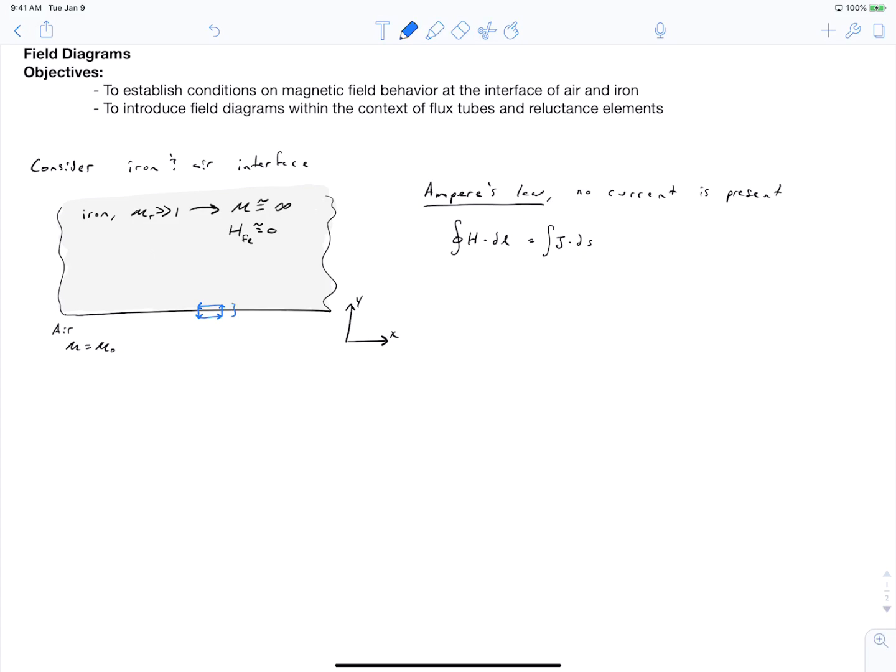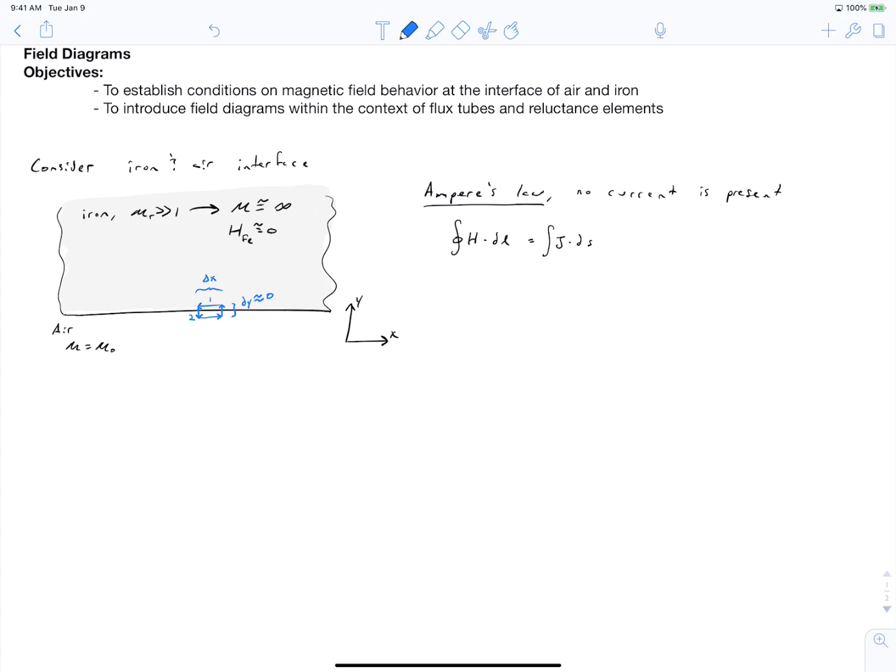The height of the Amperian loop in this direction is dy, differential y. We're going to pick dy to be infinitesimally small so that we're evaluating H directly on either side of this surface. And it's going to have some width that we'll call delta x.